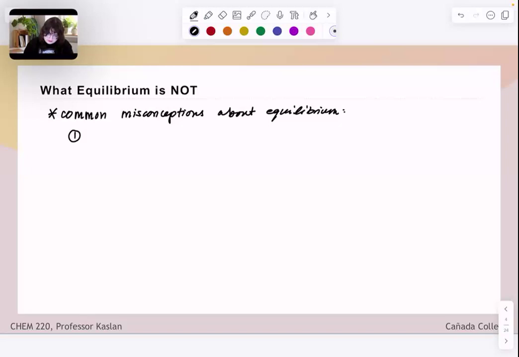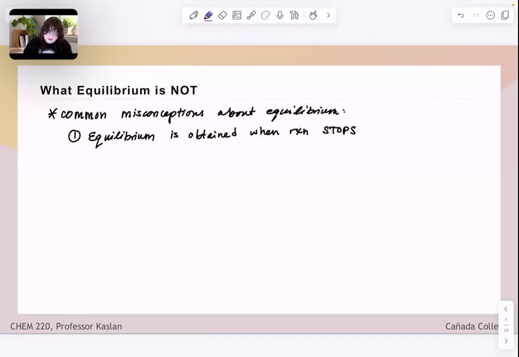The first is that equilibrium is a state that's obtained when the reaction stops. So these are misconceptions, things that are an incorrect assumption about what chemical equilibrium is. So the first is equilibrium is obtained when the reaction stops.